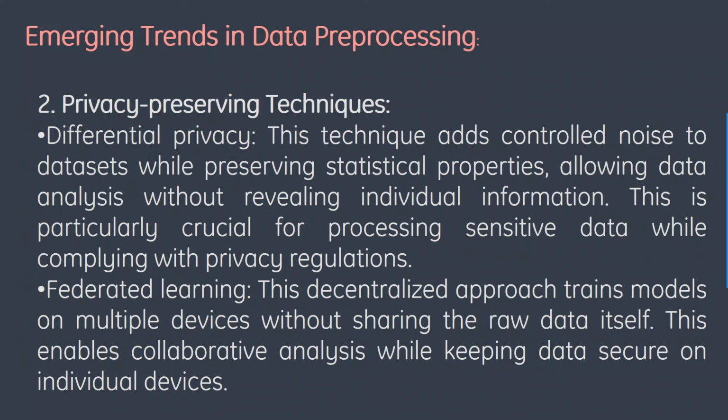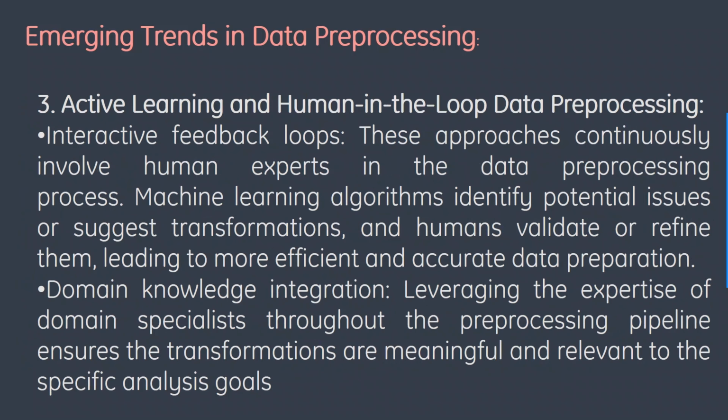This is particularly crucial for processing sensitive data while complying with privacy regulations. Federated learning: this decentralized approach trains models on multiple devices without sharing the raw data itself. This enables collaborative analysis while keeping the data secure on individual devices.